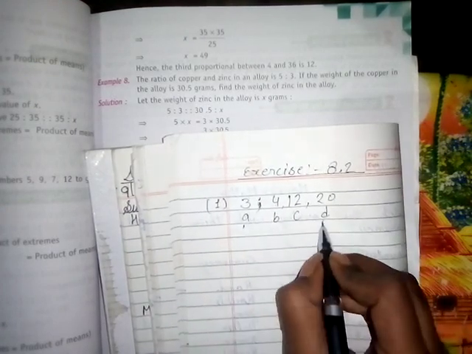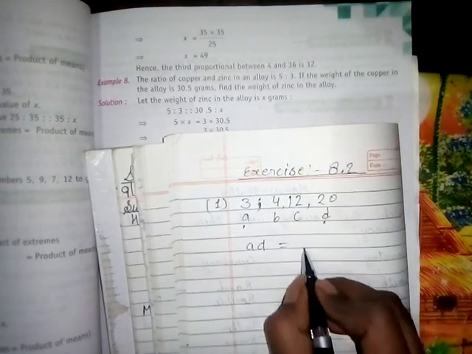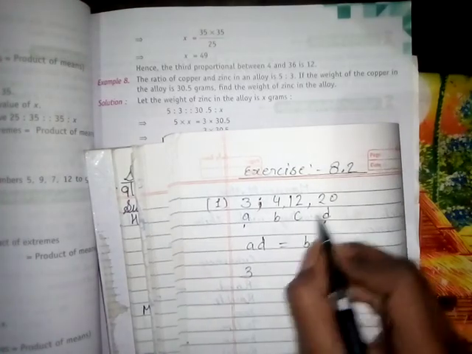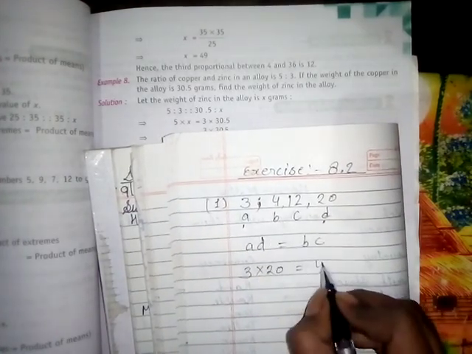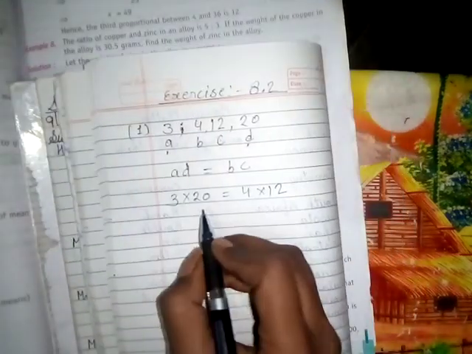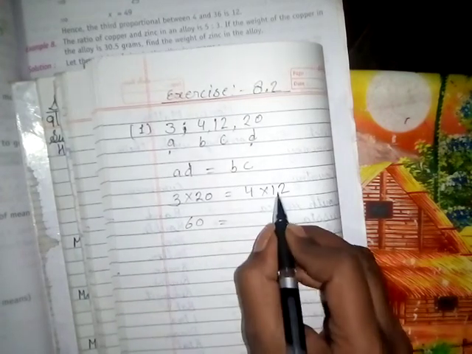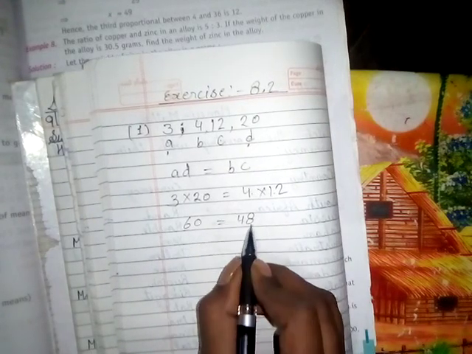For extremes, that is called AD equal to BC. If A is 3 and D is 20, B is 4 and C is 12. So see carefully, 3 twenties are 60 and here 12 fours are 48. See, is this equal?